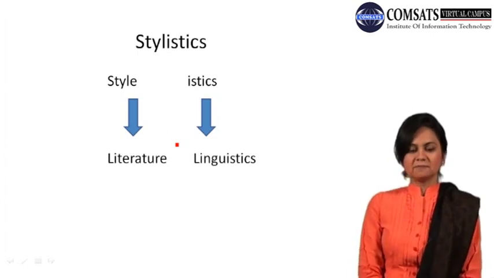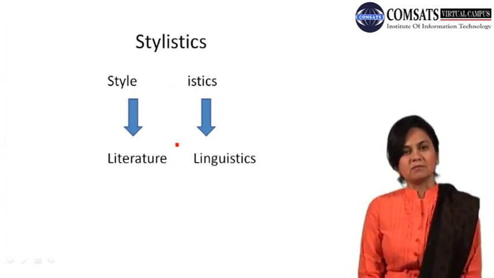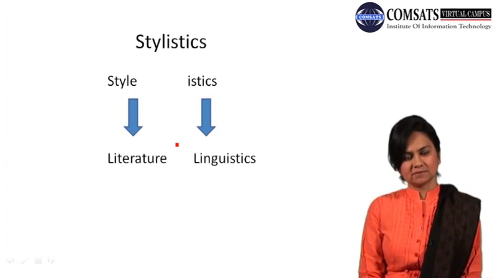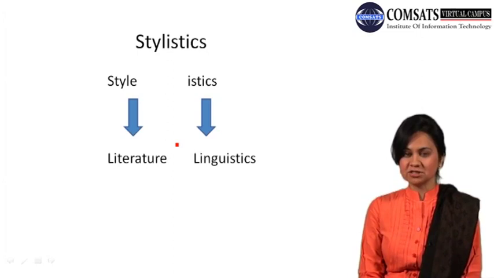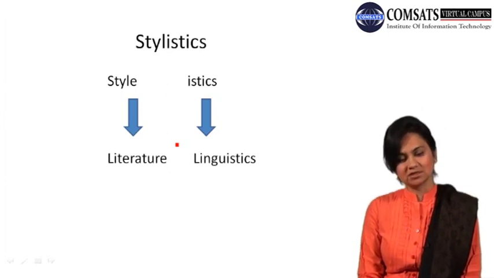Looking at the morphological makeup of the word stylistics, we notice that it is composed of two parts. The first part relates to style, which is related to literature. The second part relates to linguistics.